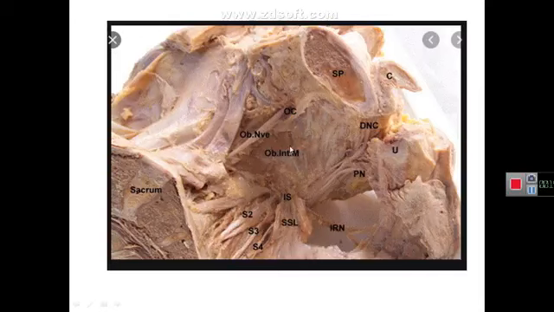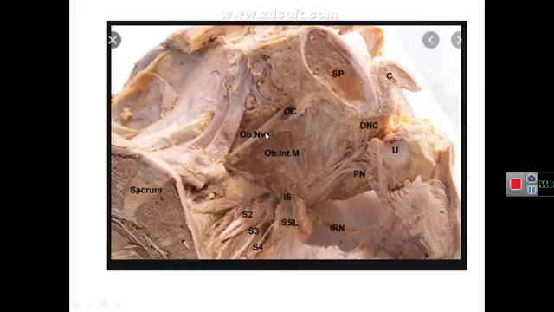This is obturator internus muscle forming the anterolateral wall of the pelvis, and this is piriformis forming the posterolateral wall. You can see the sacral nerves projecting from the sacral foramina and running laterally on piriformis to enter the greater sciatic notch or foramen.